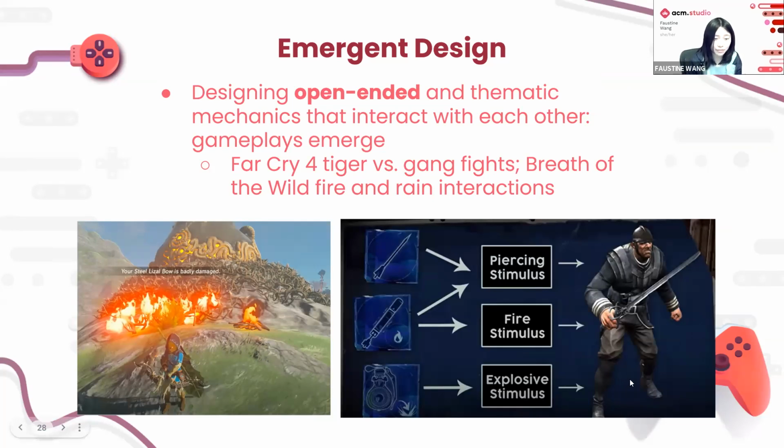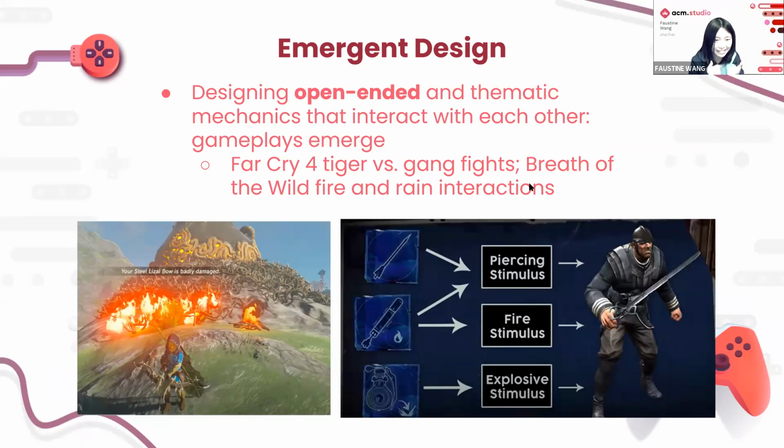And in Breath of the Wild, emergent gameplay happens based on how fire interacts with burnable things, and how rain extinguishes fire and makes walls and things slippery. How that is approached is basically that in the middle, there is a type of stimulus that things are related to, and NPCs and AIs will react to that. That's a type of emergent design.